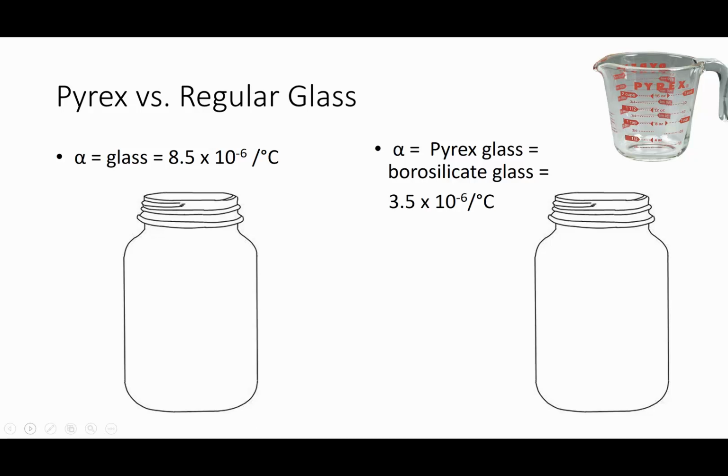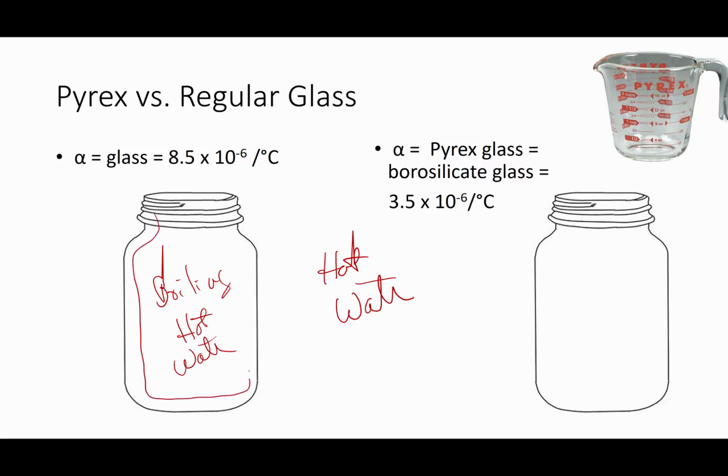Here's another thing that you've seen in your normal life, and that is if you pour hot water into glass. Now, if you've got a typical pickle jar or mason jar or something like that, and you put boiling water into this, what is going to happen? The jar actually has some thickness, and what happens is the inside is going to get so hot that the inside of the jar is going to expand.